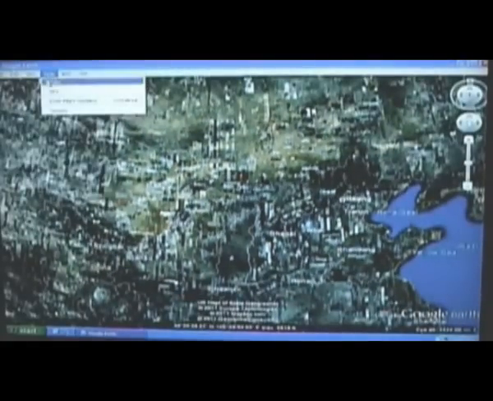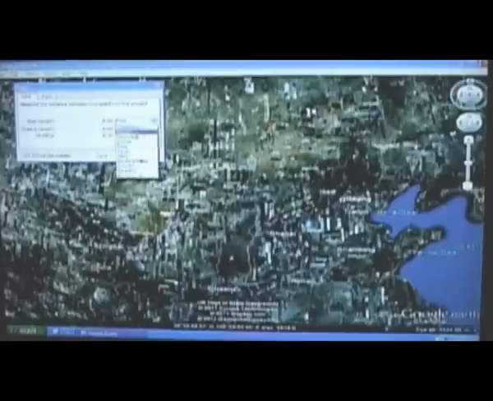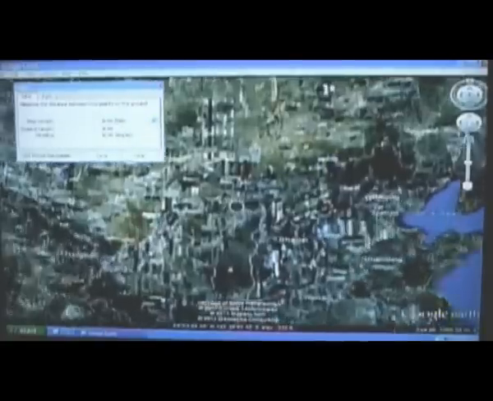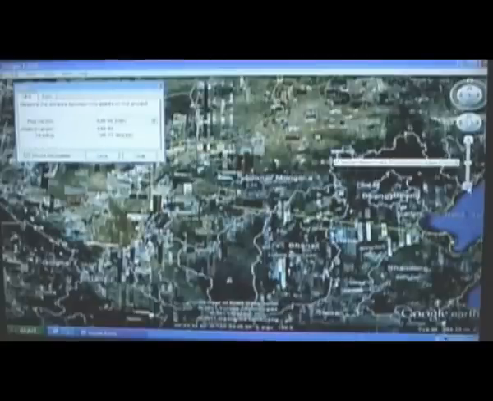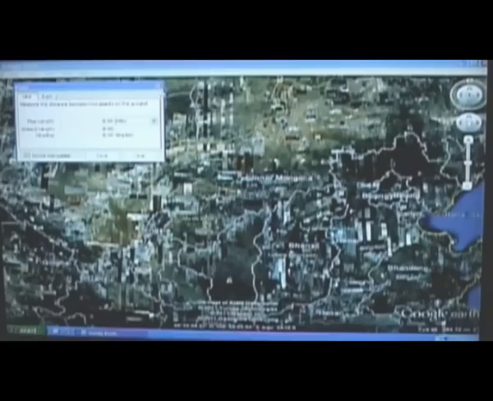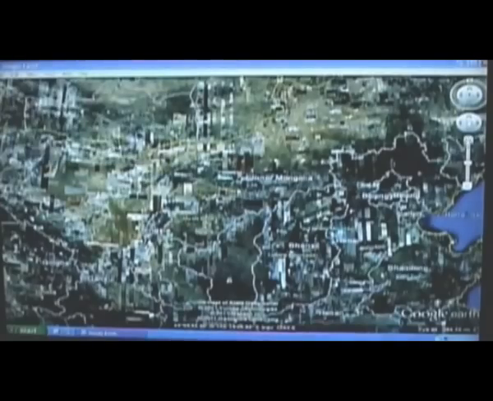Look at the distance. Or right here, the distance to the ocean, approximately 500 miles. So it's a good distance away from the ocean. Now we're going to go ahead and check it out. There's some amazing stuff here.